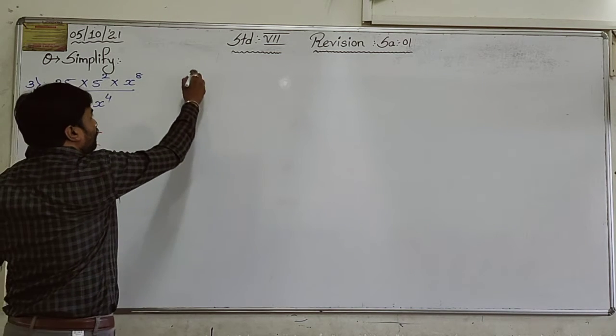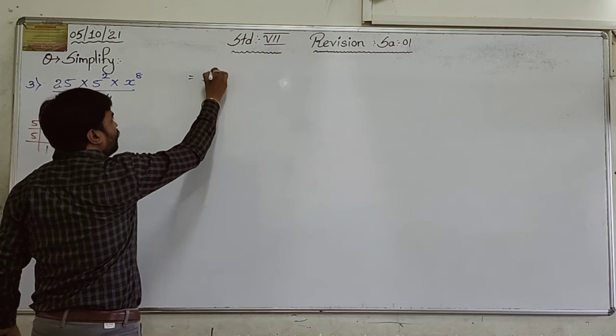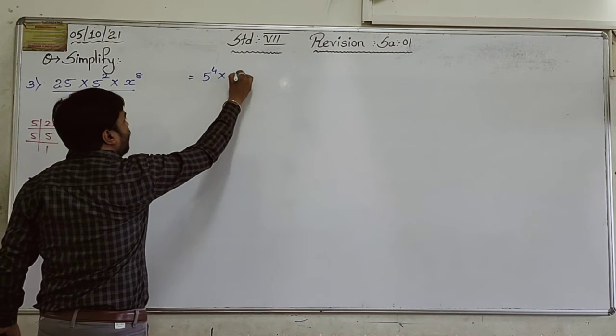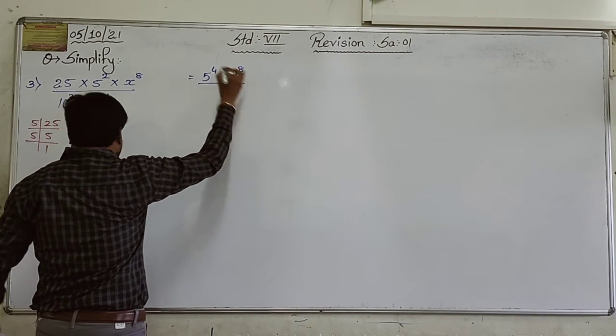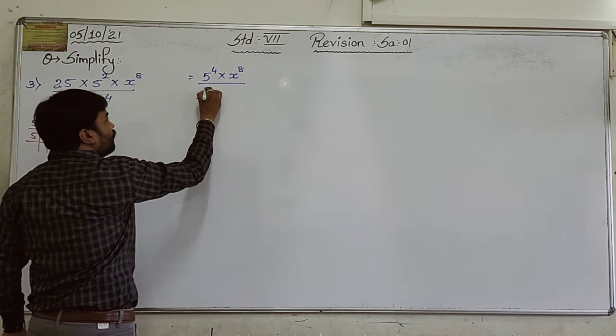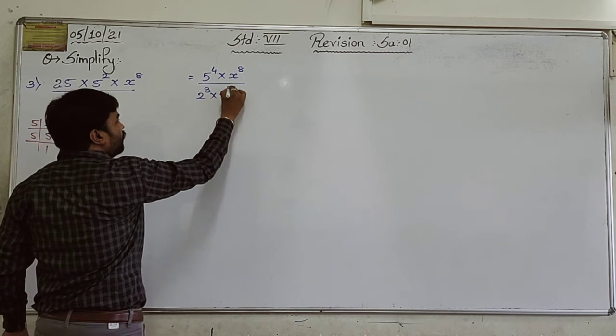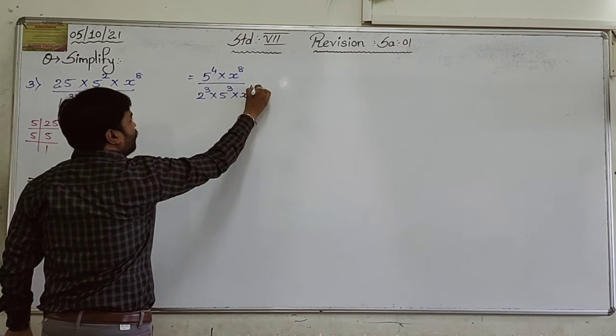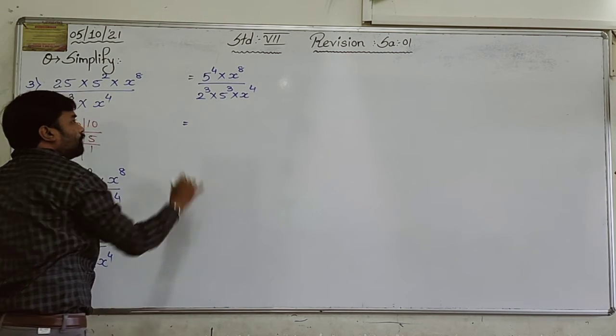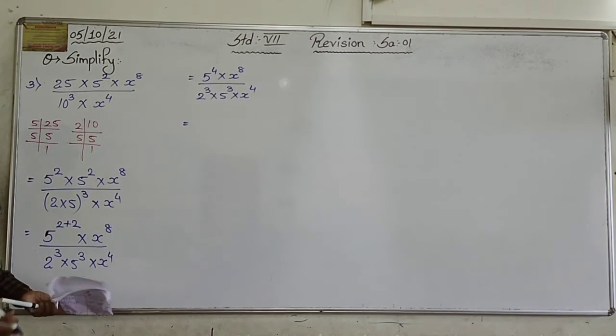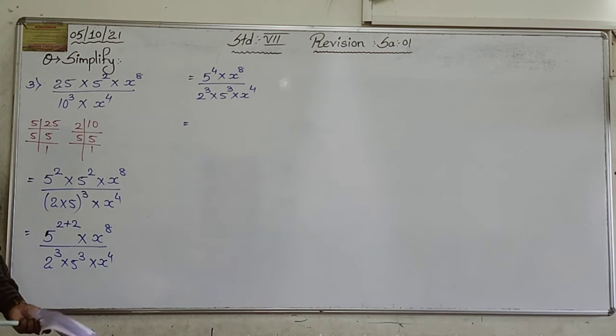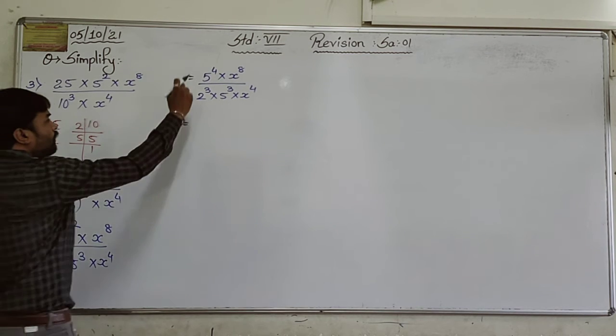What is 5 raised to 2? 5 raised to 4 multiplied by x raised to 8 upon 2 raised to 3 multiplied by 5 raised to 3 multiplied by x raised to 4. Sure. So now searching common in upside down. So what is common? 5.